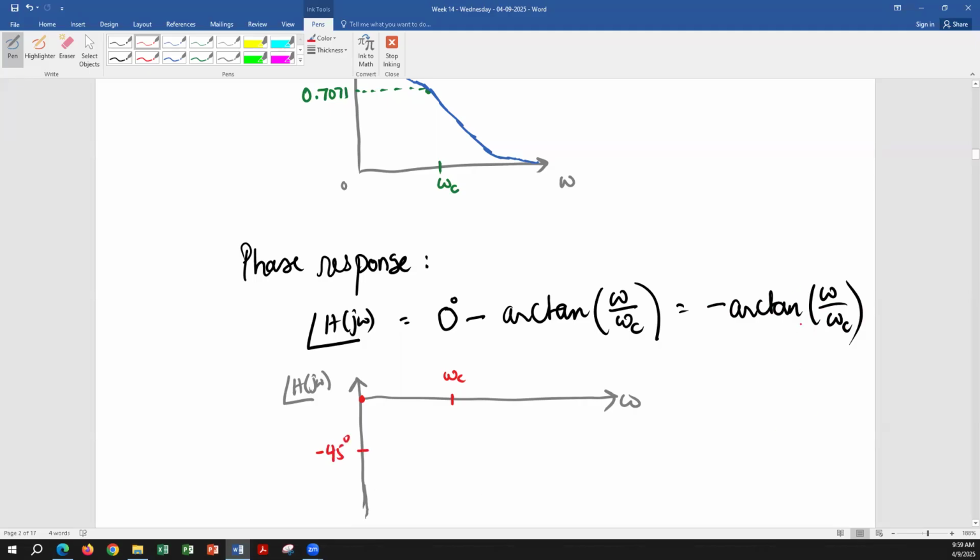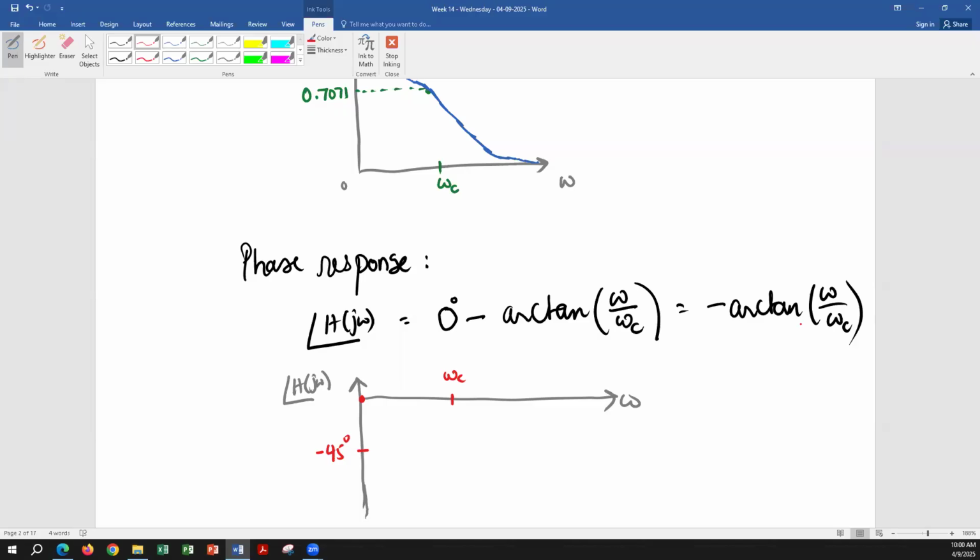And when omega becomes very large, arctan of a very large number, what will be the result? At what angle does tangent become an extremely large value? 90 degrees, yep. Because sine of 90 is 1, cosine of 90 is 0.